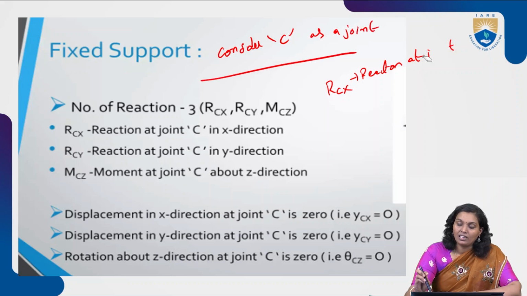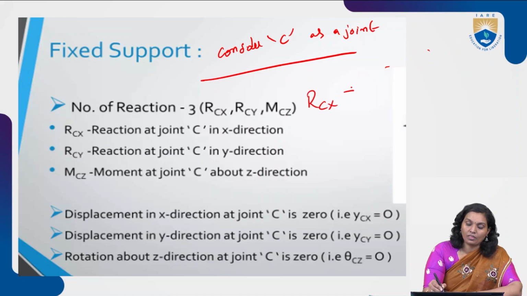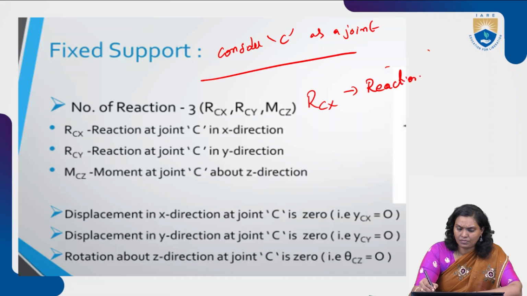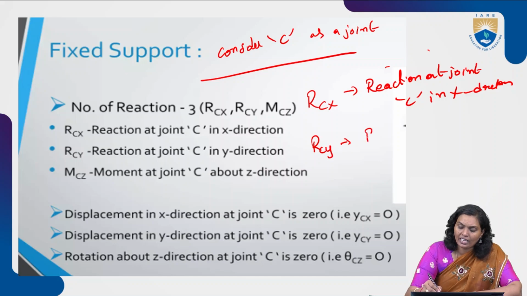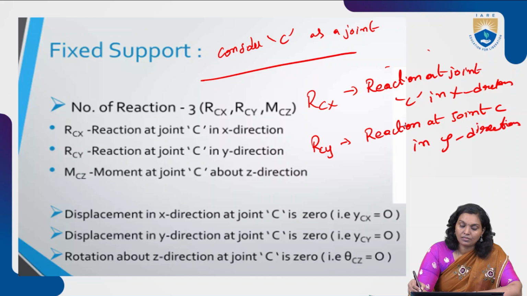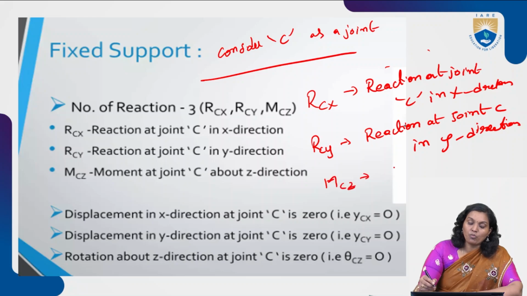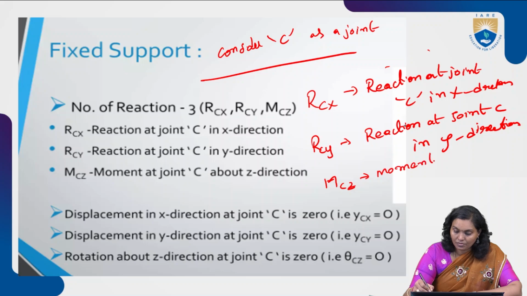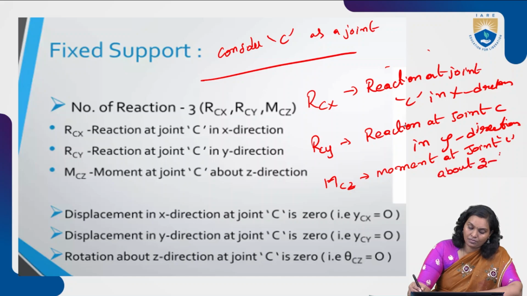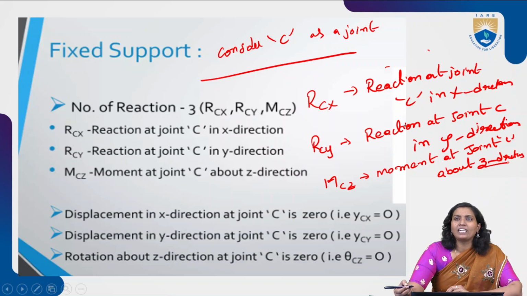Then RCX is the reaction at joint C in the X direction. Similarly, RCY is the reaction at joint C in the Y direction, and MCZ is the moment at joint C about the Z direction.